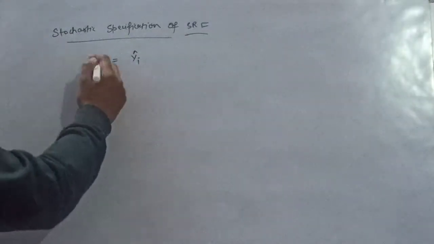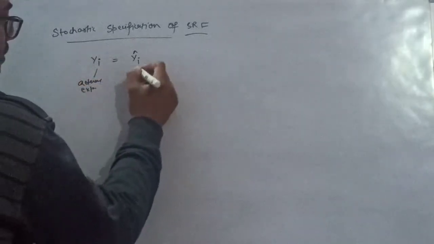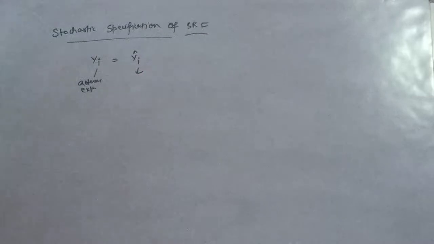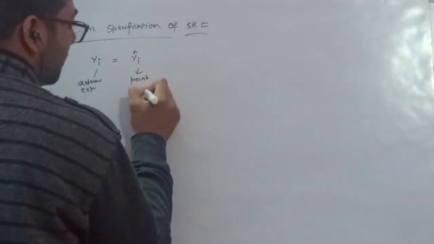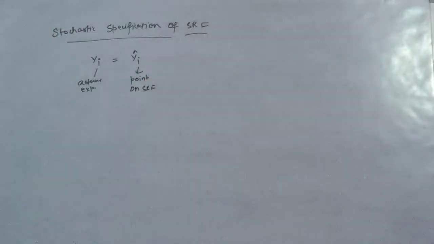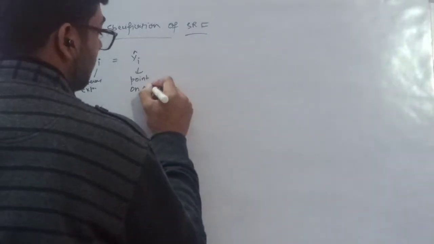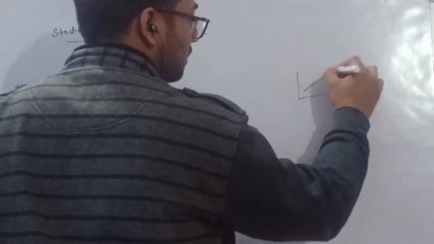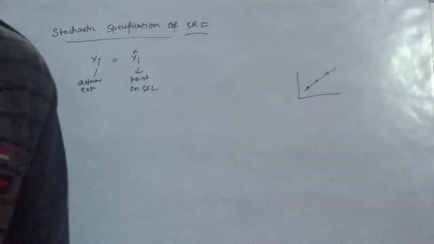This is the actual expenditure, and this is the estimated point on the sample regression function, or sample regression line, like I have drawn like this. Then these points are Yi hat, so this is a point on the SRL.